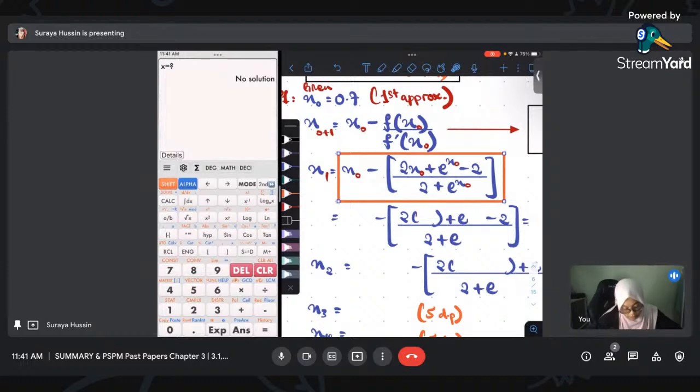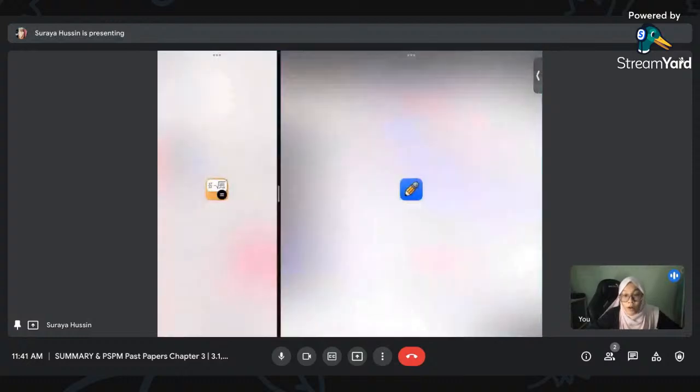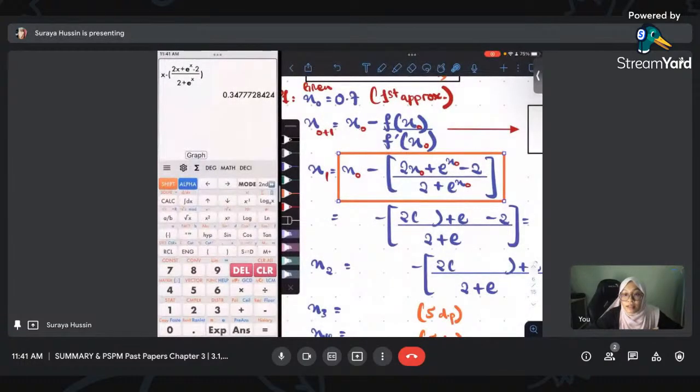Tekan calculate. Nampak ke? Tekan calculate, C-A-L-C, and then put the number that you want to sub in, which is 0.7. The first approximation is 0.7. So tekan equal, put equal again. So this is the value that you got, 0.3477.